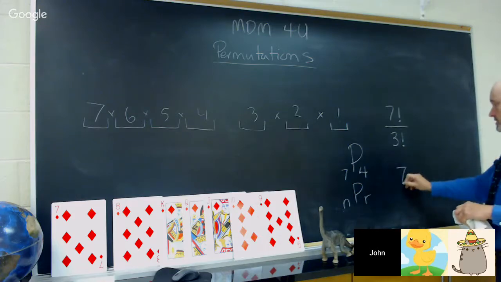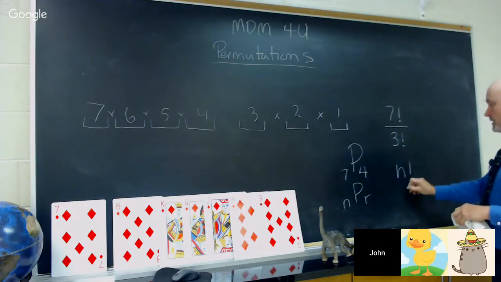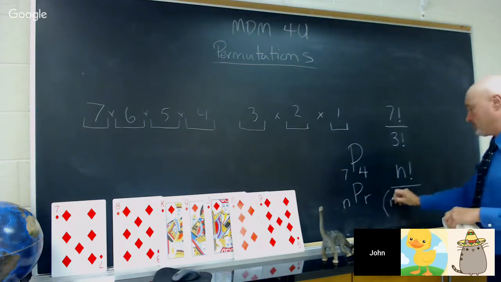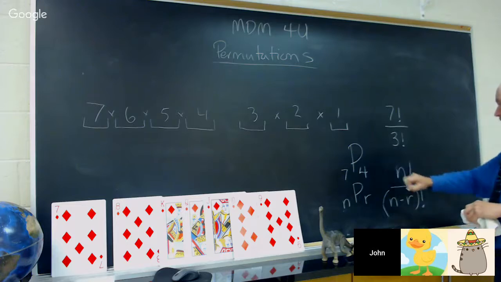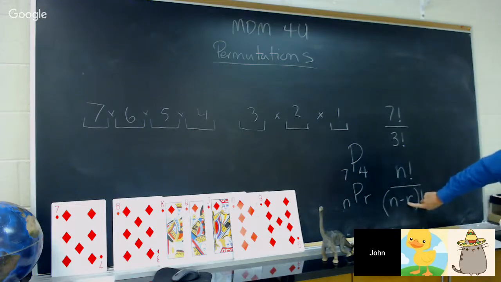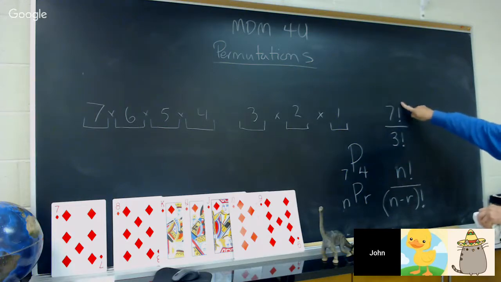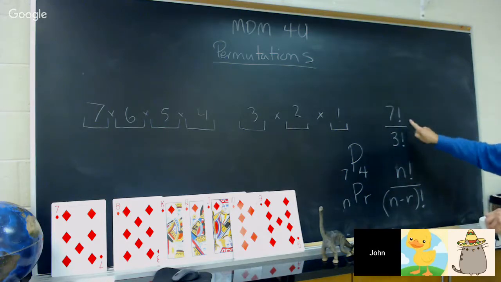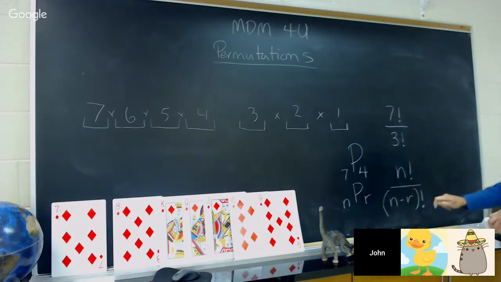It can be written as n factorial divided by n minus r factorial. So you'll notice that that is 7 factorial divided by 7 minus 4, or 3 factorial.